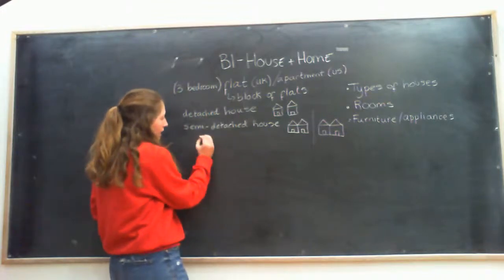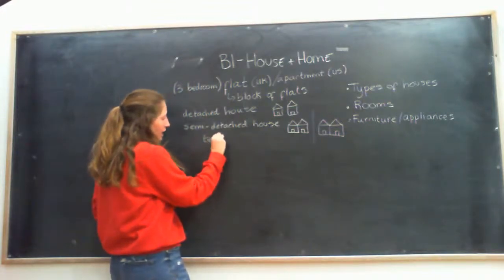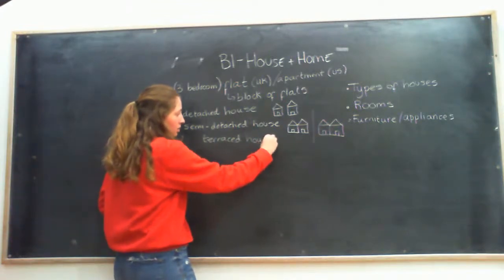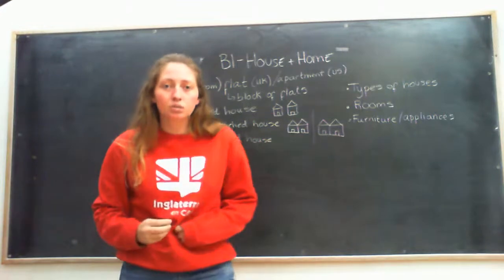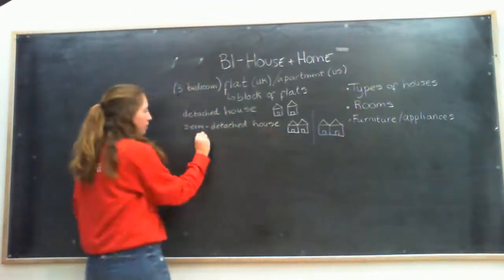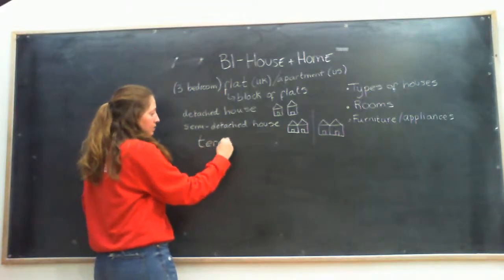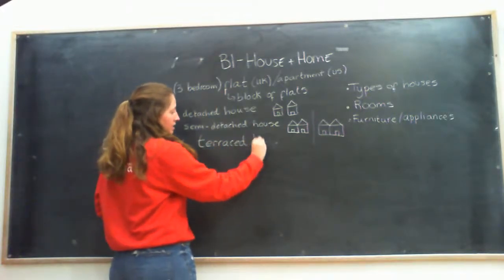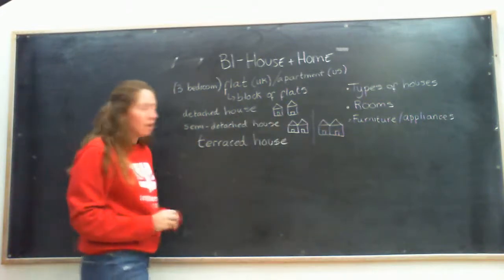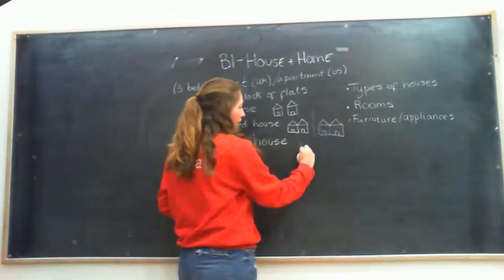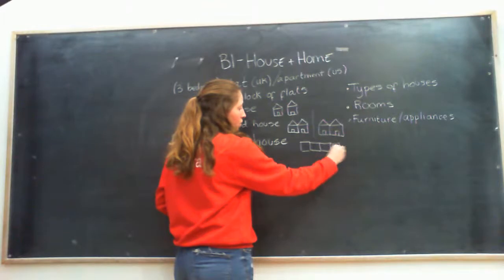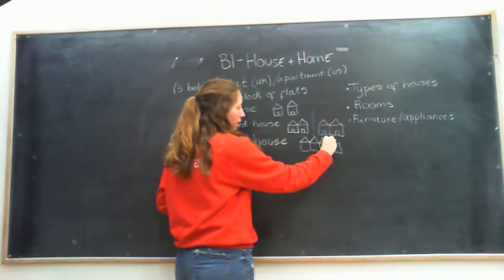And finally, we can also have a terraced house. A terraced house, okay? So a terraced house is a house that shares both of its walls with another house.